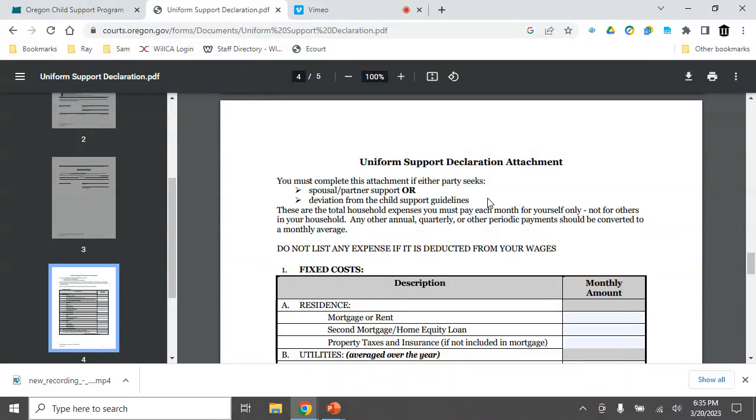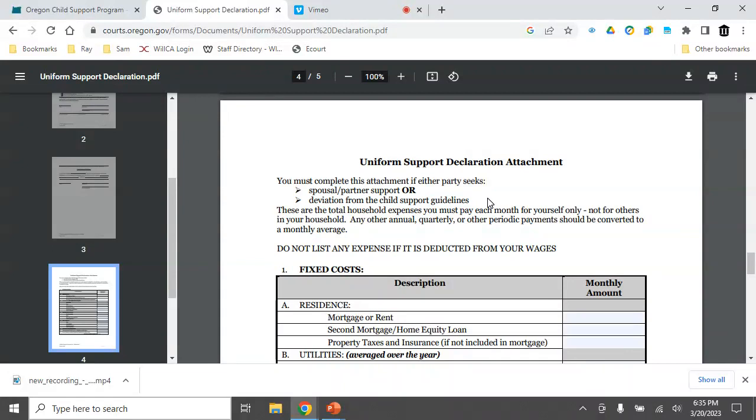Now, a deviation is when one party is coming to court and saying, hey, judge, you should not order child support based on what the calculator says. You should order child support that is either higher or lower than what the calculator says. Now, if you are seeking a deviation, you have to plead that in advance. You can't just show up to court and ask for a deviation.